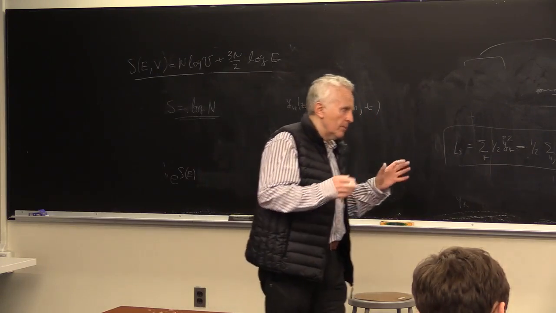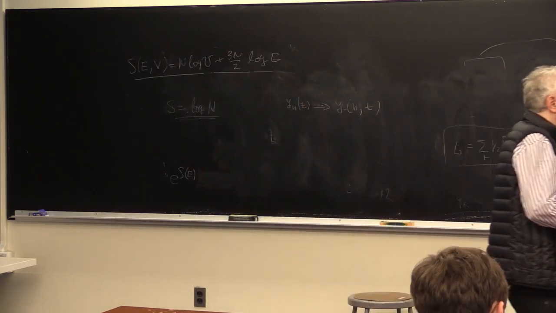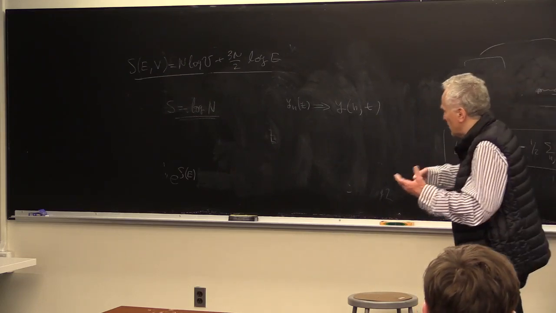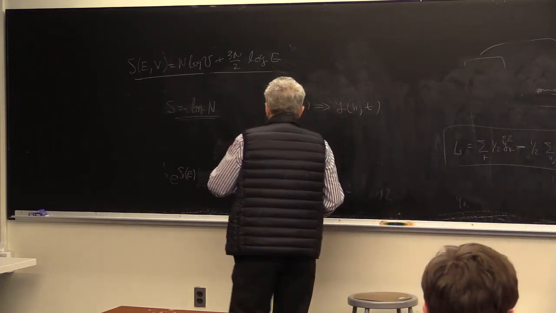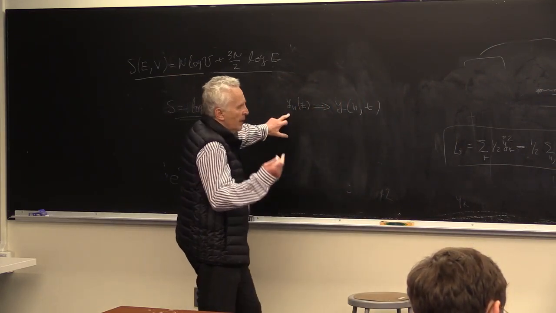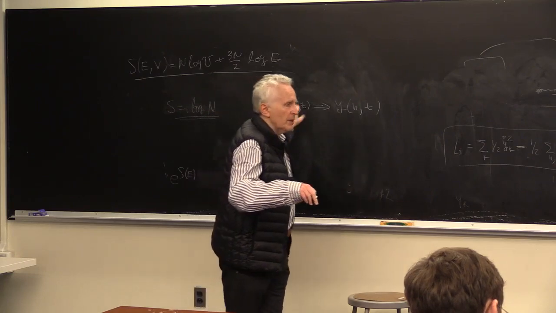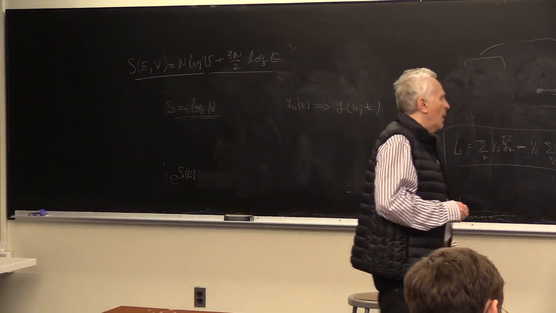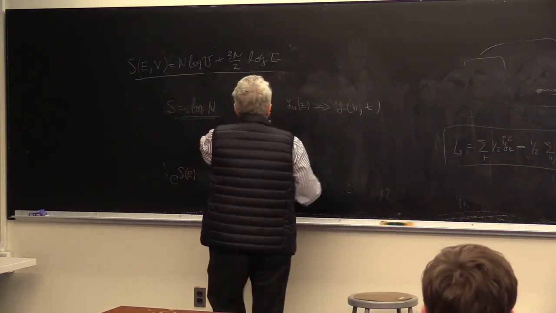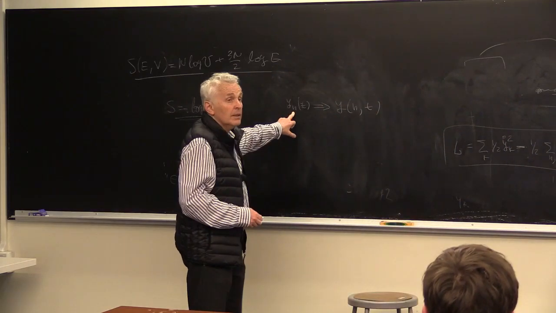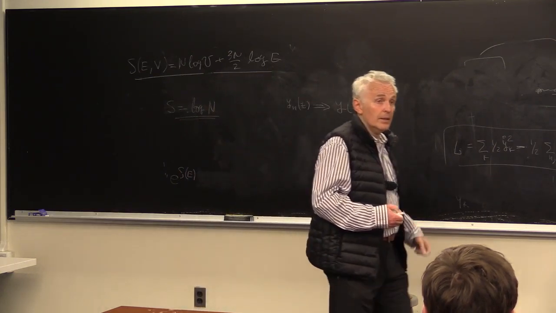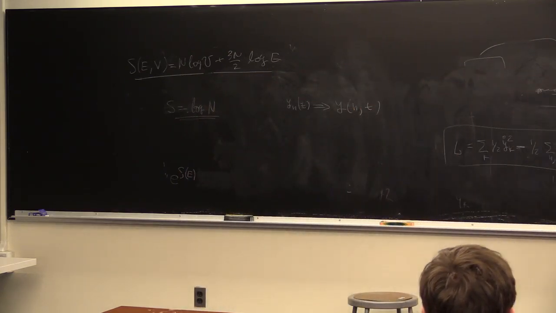Of course, it's an approximation. We must understand when it is valid. So I'm asking now a very general question. Under what conditions is it legitimate to change a discrete index by a continuous index, by a continuous coordinate?